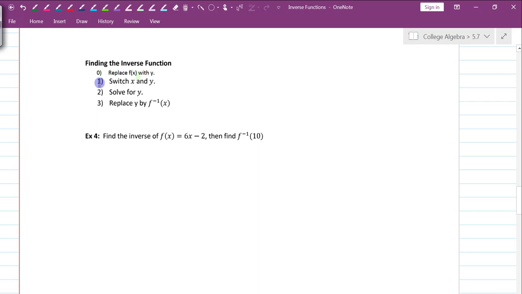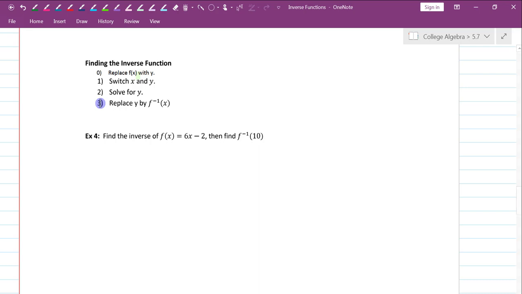Step 1, we're going to switch x and y, or interchange them. Step 2 is solve for y. Step 3 is replace y by the inverse notation. So ideally this should be number 1, 2, 3, 4, but since we didn't have the other on there, I had to start with number 0.